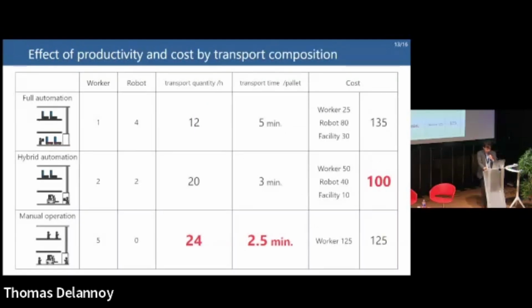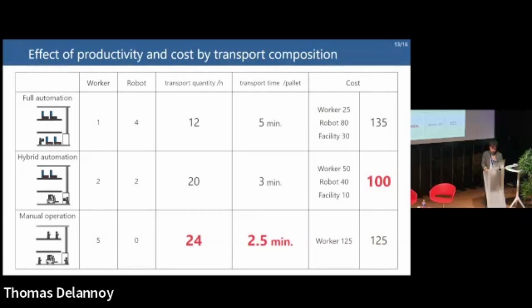The table shows productivity and cost. The manual operation is fastest, and can transport 12 pallets per hour. On the other hand, the full automation can transport only 12 pallets per hour. The costs of each are for reference only.